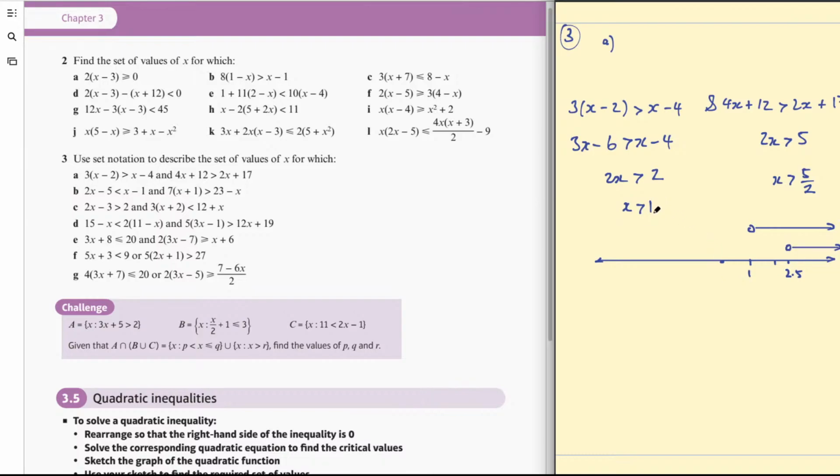So really the only inequality we care about is the fact that x is greater than 1. We don't actually need to worry about this 5 on 2. I'm just double checking that I've done it correctly. So I added that 6, took that x. Yes.